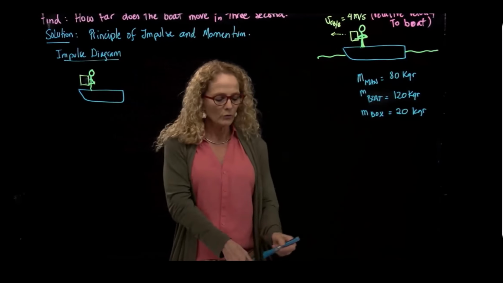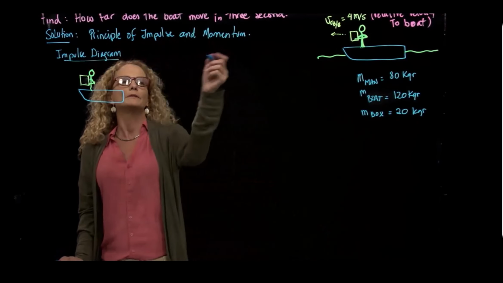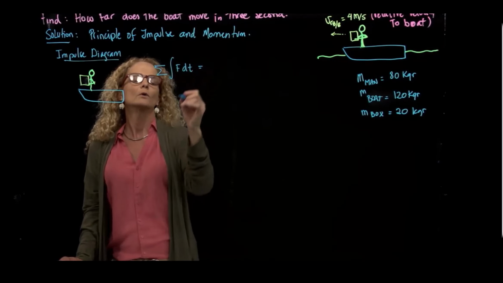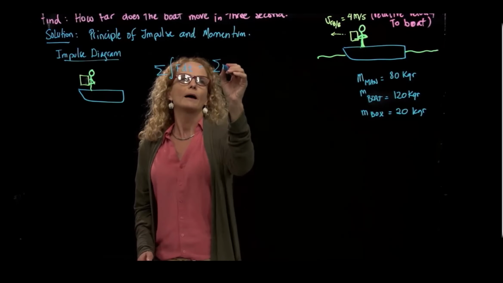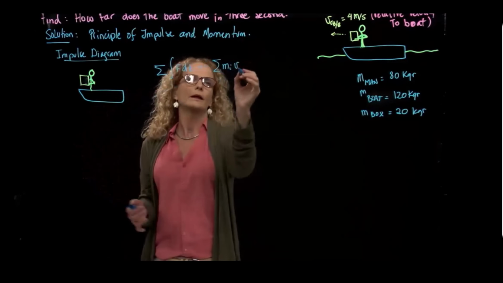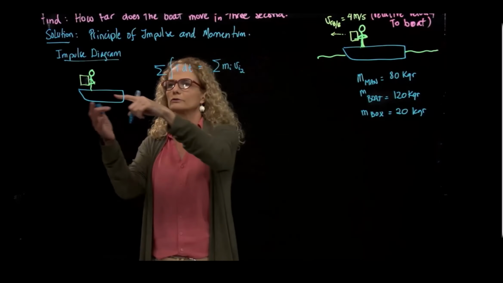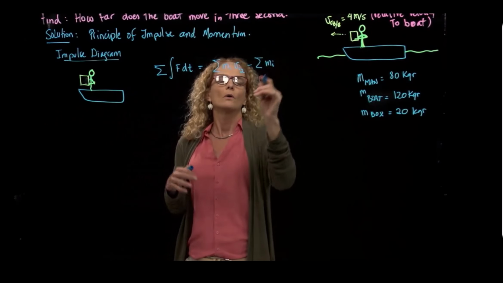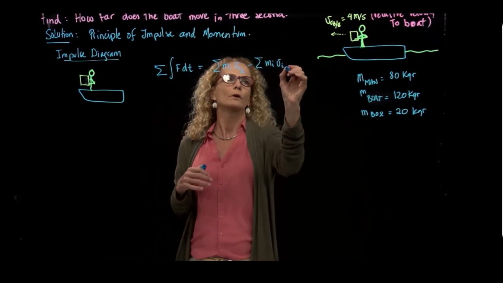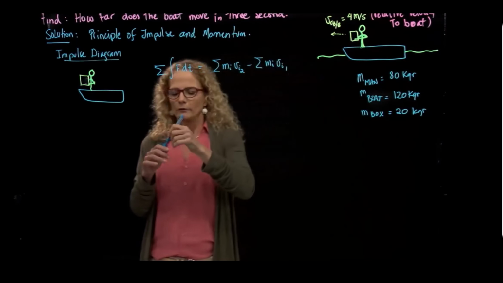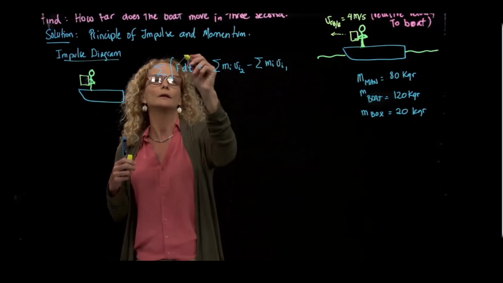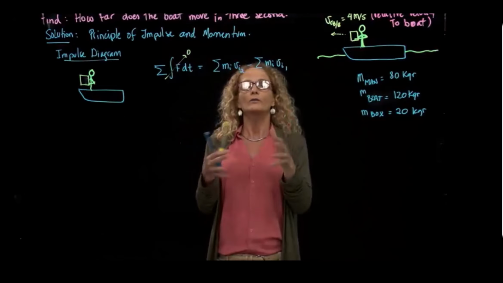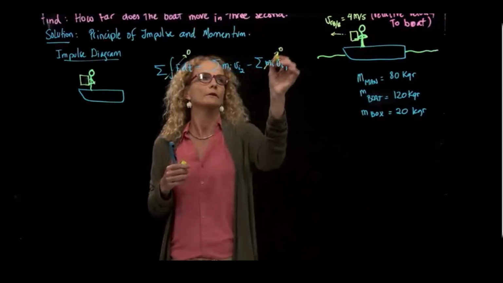If we apply the principle of impulse and momentum, the sum of the masses times velocities in position 2, after he throws the box, minus position 1, right before he throws the box, equals the impulses, which is 0. Right before he throws the box, there is no velocity, so that is 0 as well.